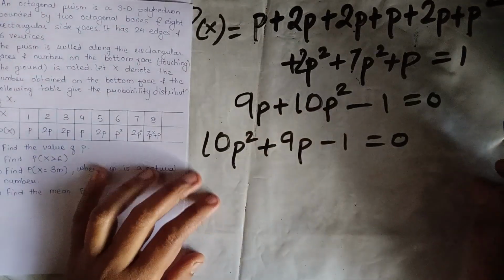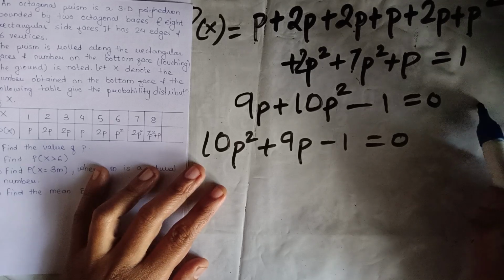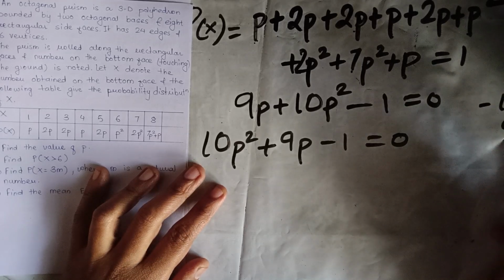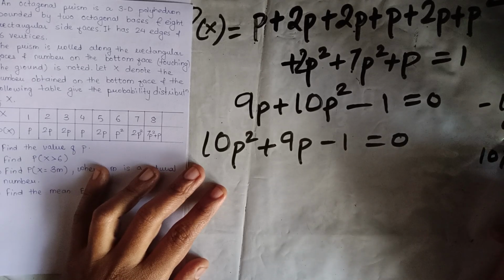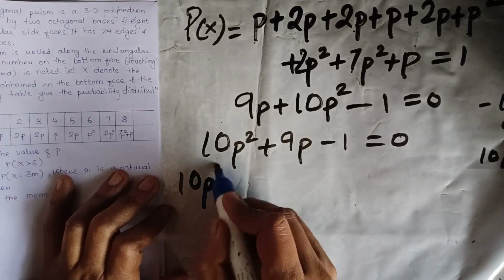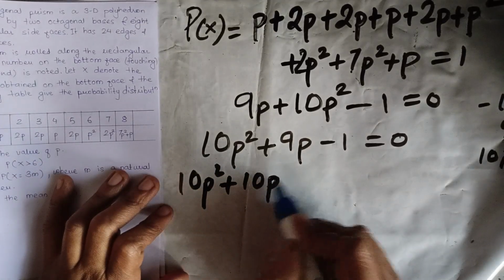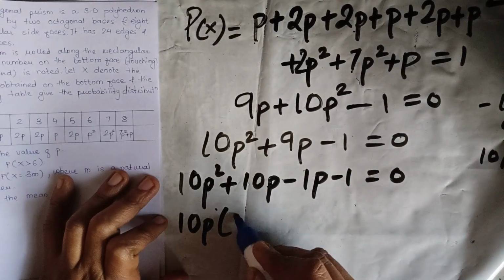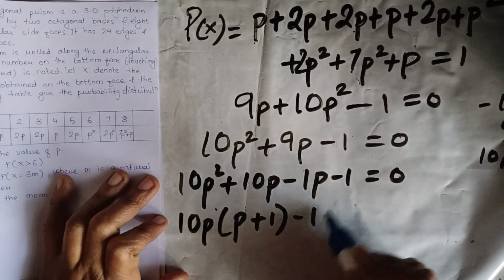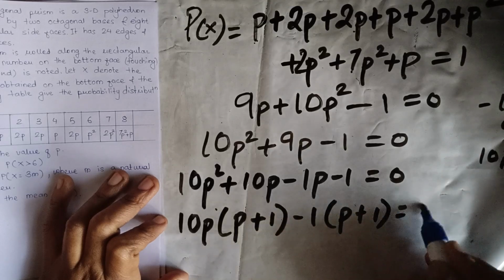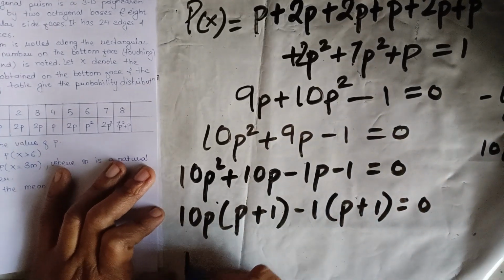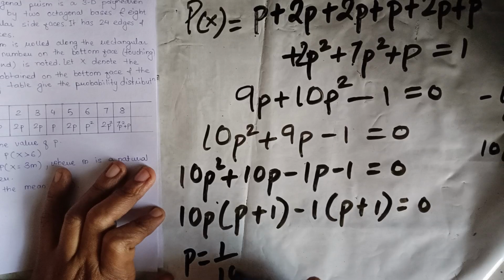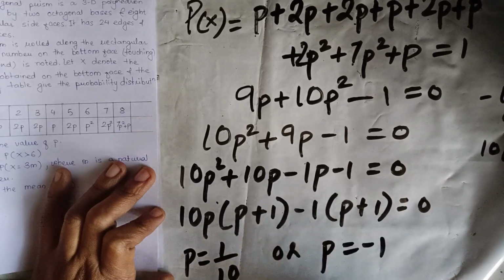Using the factorization method, we get (10P minus 1)(P plus 1) equal to 0. So P equals 1 by 10 or P equals minus 1.